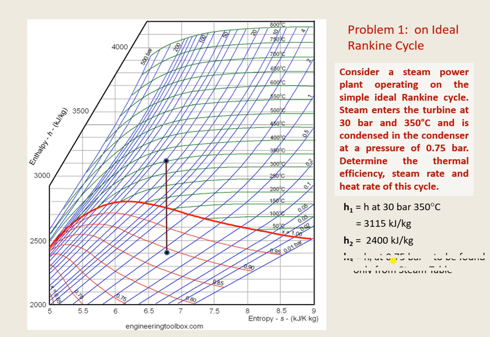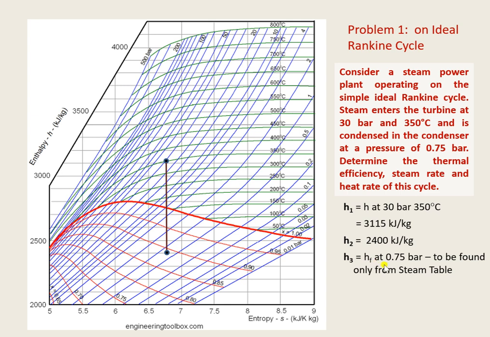H3 is hf at 0.75 bar. This you cannot read from the Mollier chart because you don't have the saturated liquid line in this chart. It is not possible to show the saturated liquid line in a Mollier chart because the area will not be sufficient to include that portion.